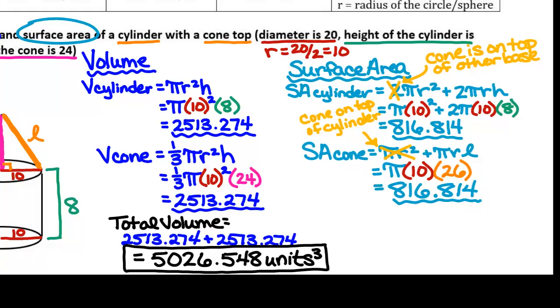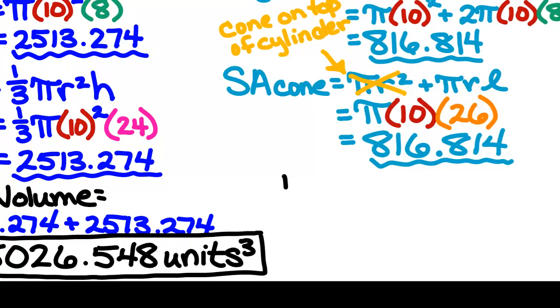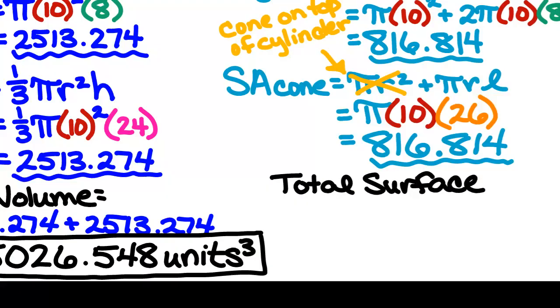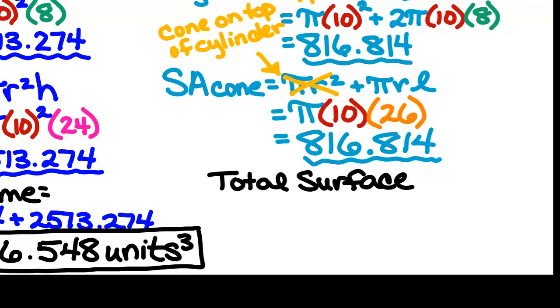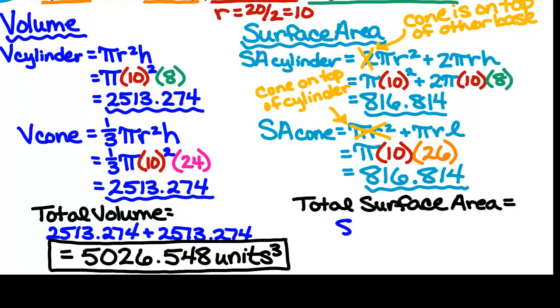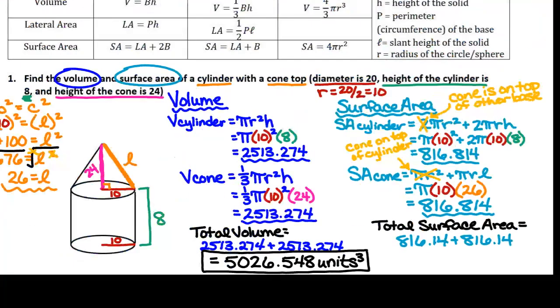All right, now we need our total surface area. Total surface area equals 816.814 plus 816.814.